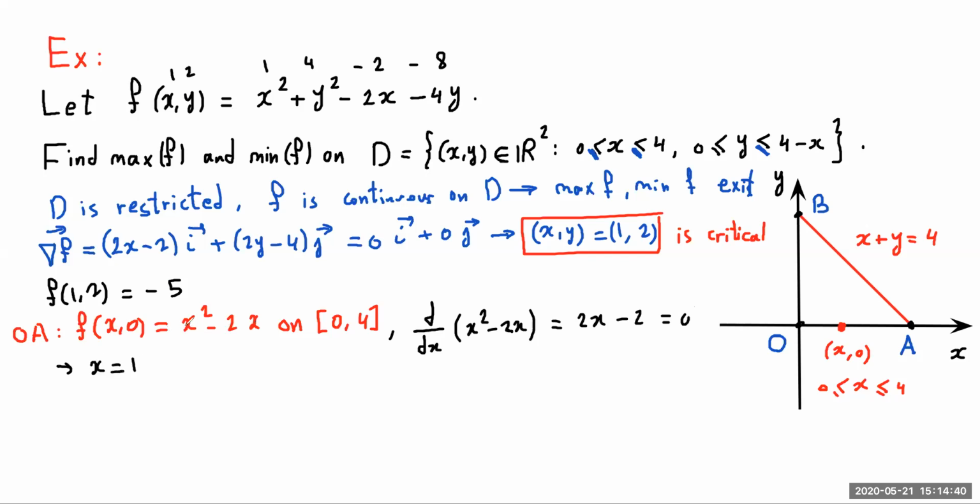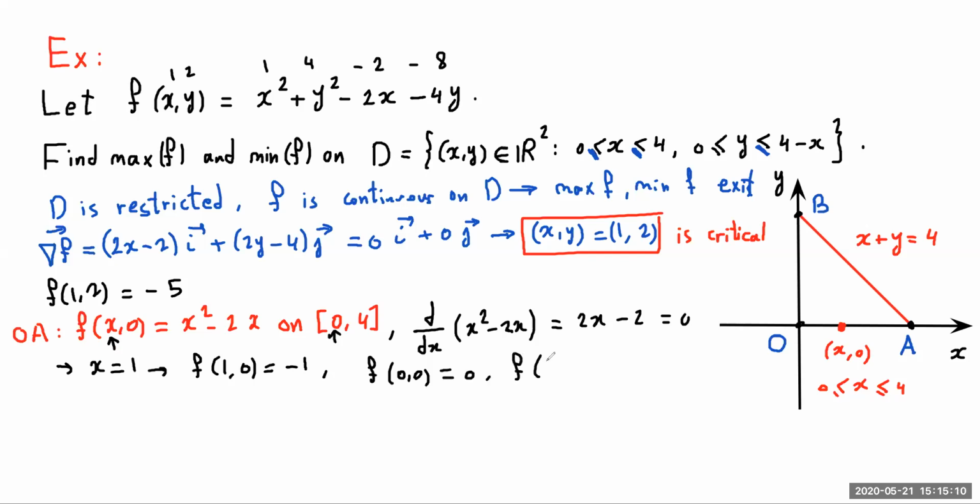That gives x equal 1. So if I put x = 1 here, what is f(1,0)? It's 1 - 2, so -1. Then let's take f at the beginning. What is f(0,0)? Instead of x I will write 0, so it's 0.